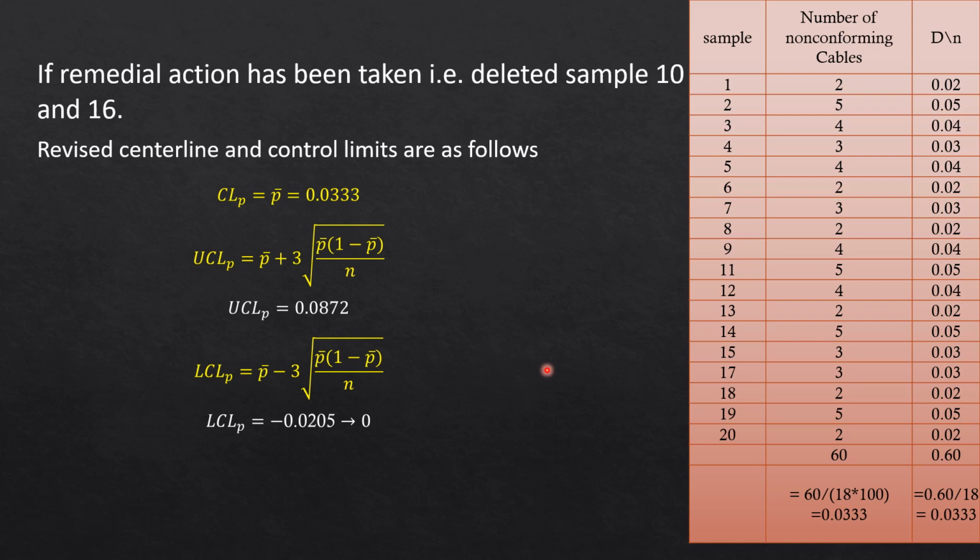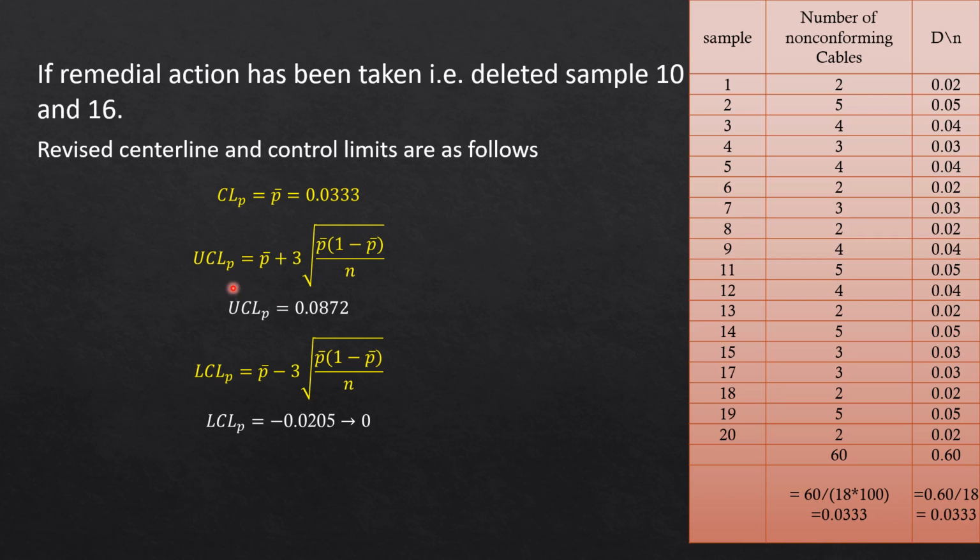Then we get the revised center line and control limits. So these are the revised center line and control limits. For P bar, we simply calculate summation D, that is 60, divided by, now we have 18 samples because we deleted the two samples, so 60 divided by 18 times 100, and we get 0.0333, or we can get it like this also.